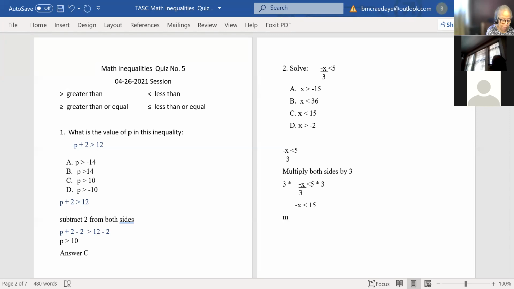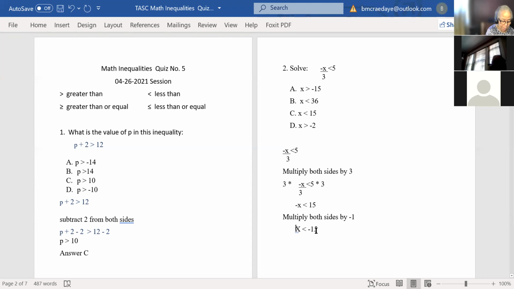So multiply both sides by -1. Okay, so that would give you X less than -15. So it's C.